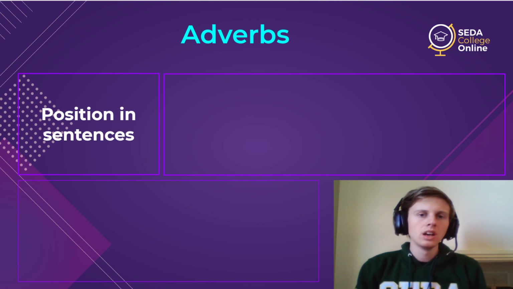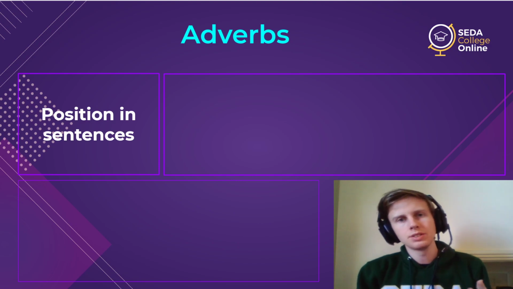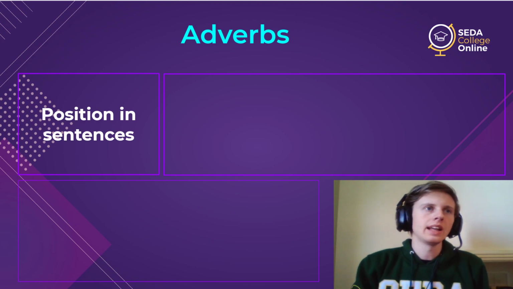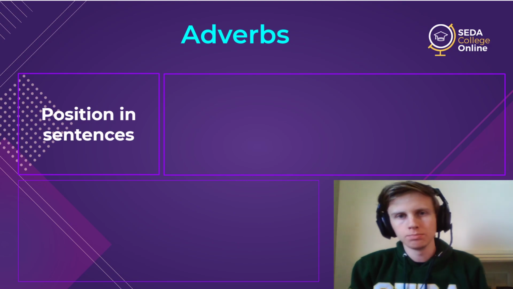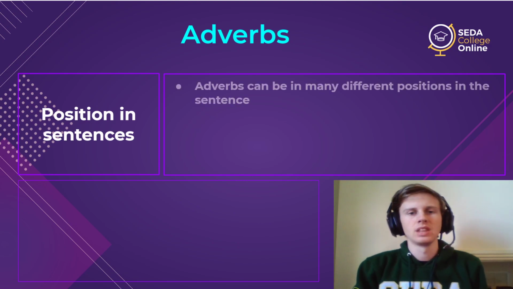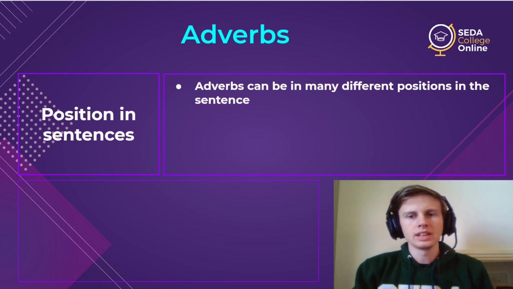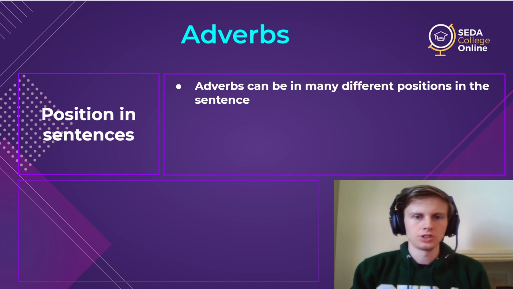Well, adverbs actually have more freedom. There are not as many rules about where they go in the sentence. There are just some things that are generally true and some things that are normal, but of course there are exceptions. So they can be in many different positions.